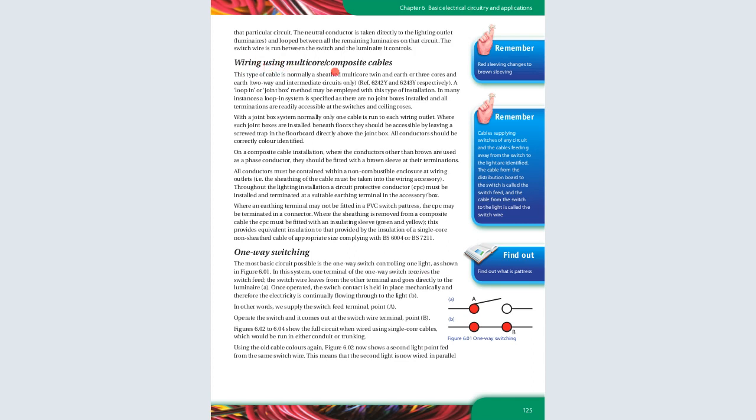Wiring using multicore or composite cables. This is a type of cable that is normally sheathed, that is twin and earth, or triple and earth, for two-way and intermediate circuits. A loop-in and joint box method may be employed with this type of cable.